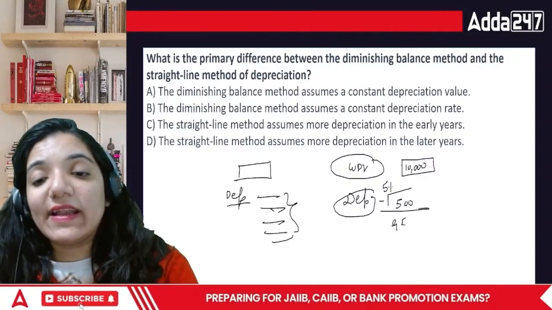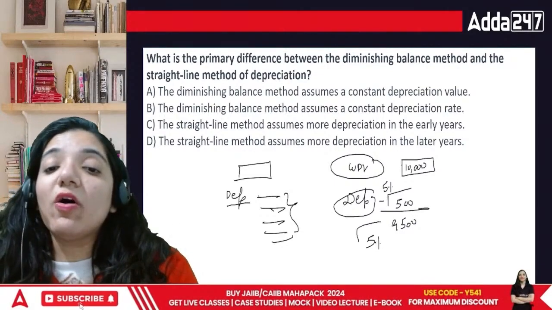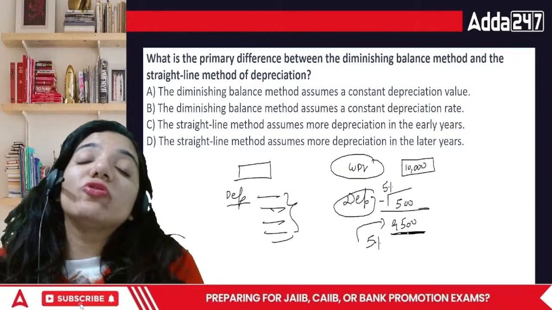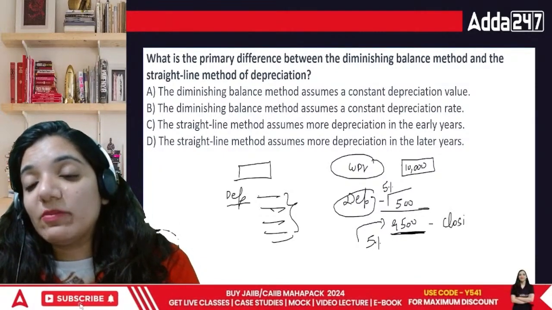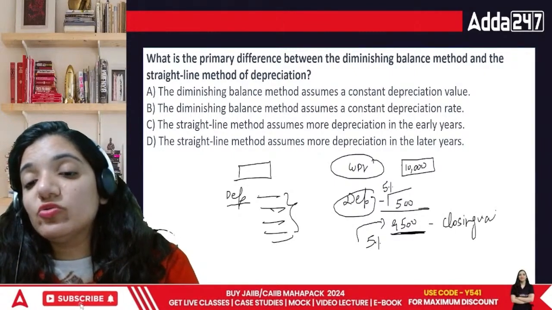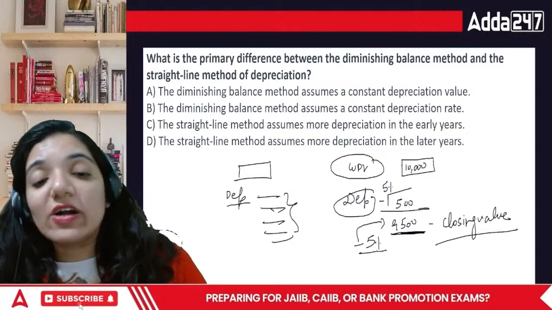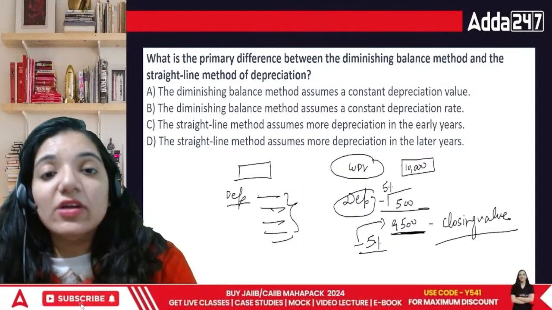You are left with 9,500. Then in the next year, again 5% of 9,500. Whatever your closing balance is under the WDV method, you choose the closing value and the depreciation is charged on the closing value. It is not on any other thing, but it is on the closing value.